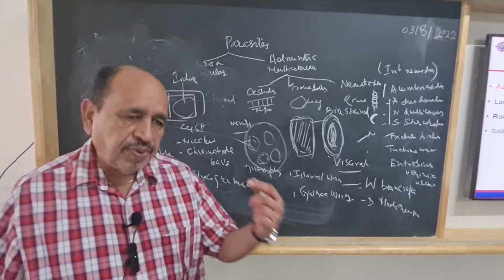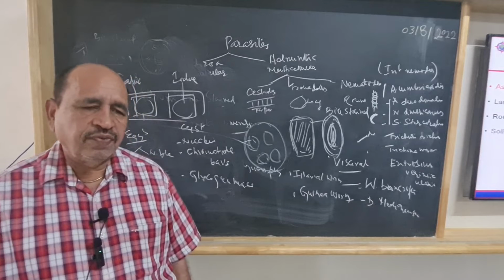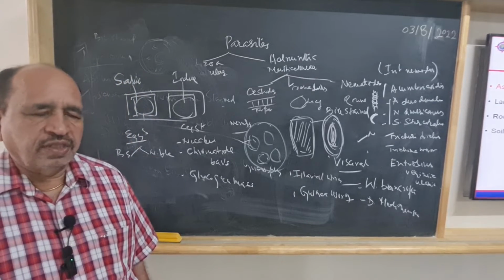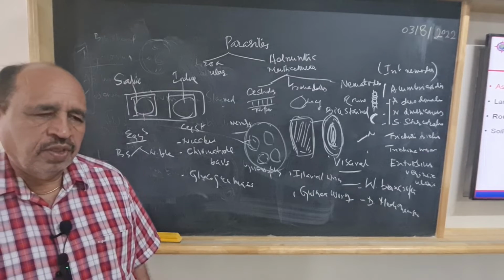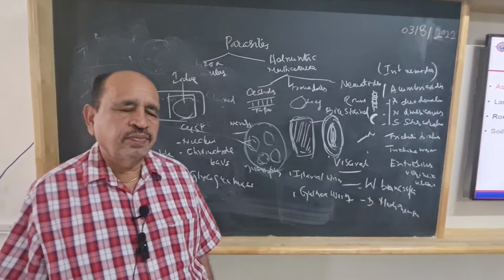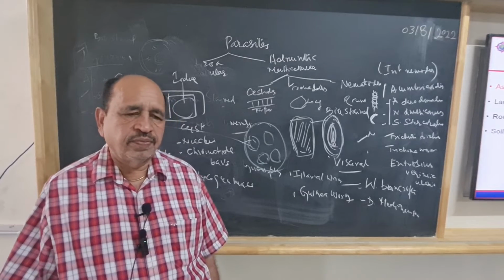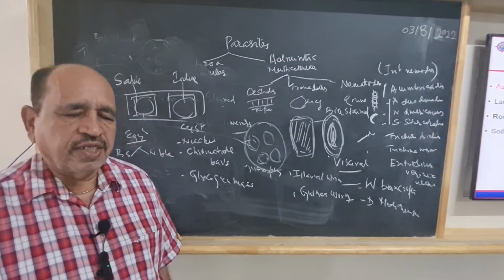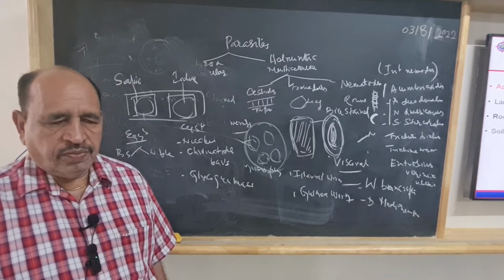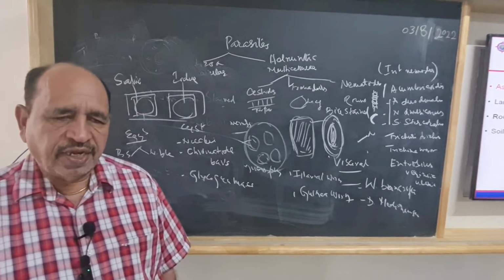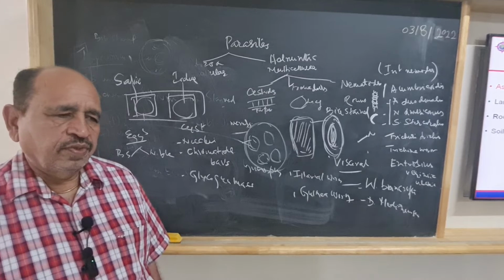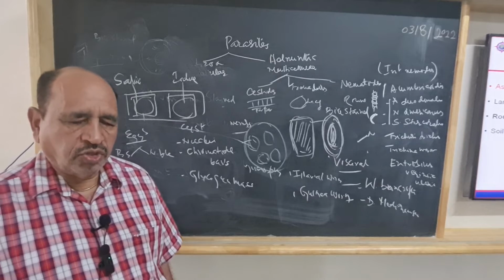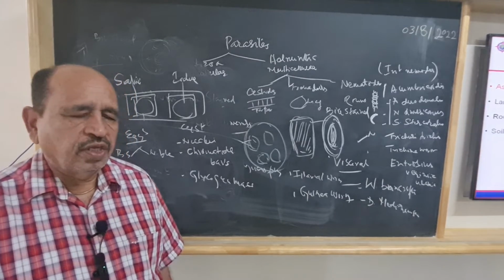So, repeat with me. We do two preparations for stool examination. One is saline preparation, mainly done to demonstrate the egg and differentiate between bile stained and non-bile stained. Examples of bile stained eggs are Ascaris lumbricoides, Trichuris trichiura, and eggs of tapeworm.